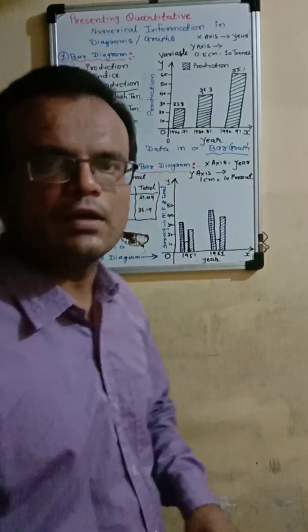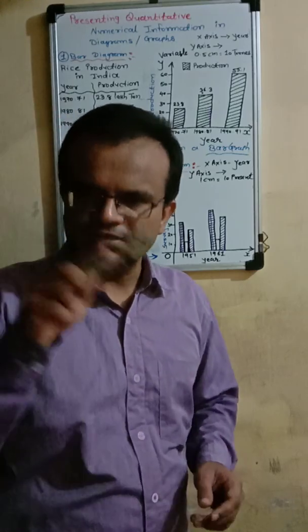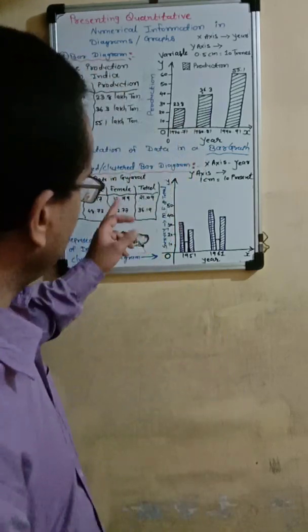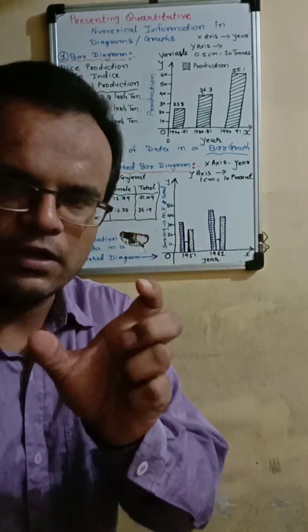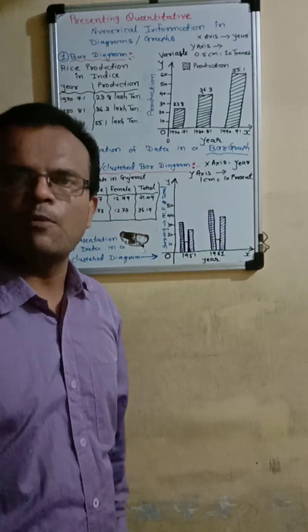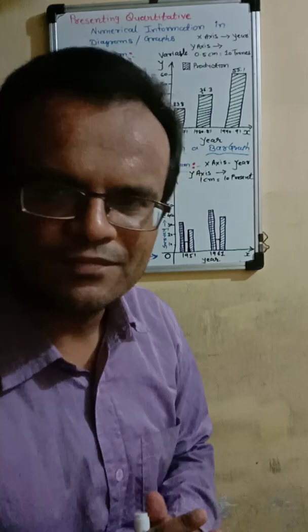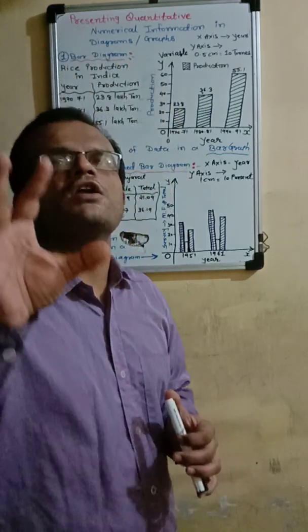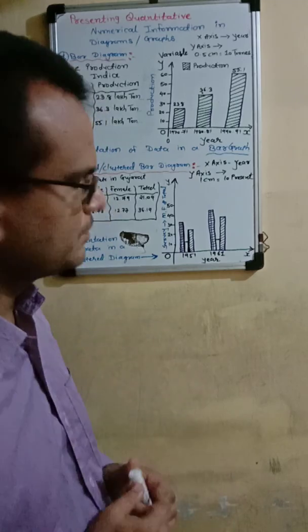In the male bar, we have drawn vertical and horizontal lines. And in the female bar, between male and total, we have put a blank. हमने blank छोड़ दिया. So this is called a cluster diagram, cluster graph or group diagram.